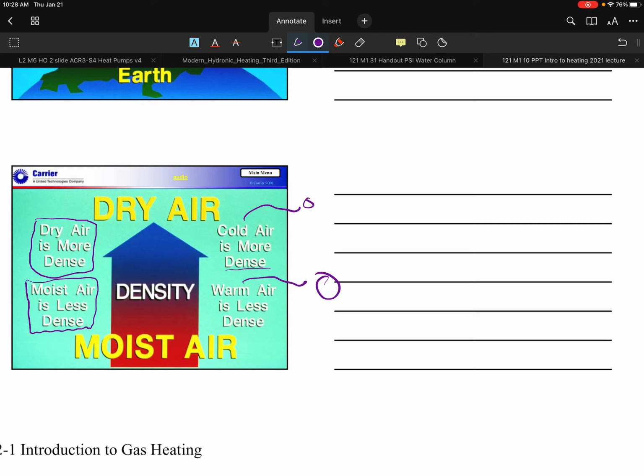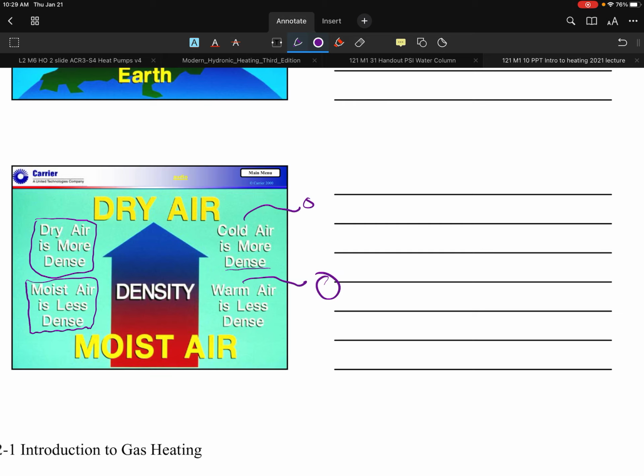When you have completely dry air, or air that is drier, moisture has to displace some of the dry air in that same volume, in that same square inch, square foot, cubic foot.